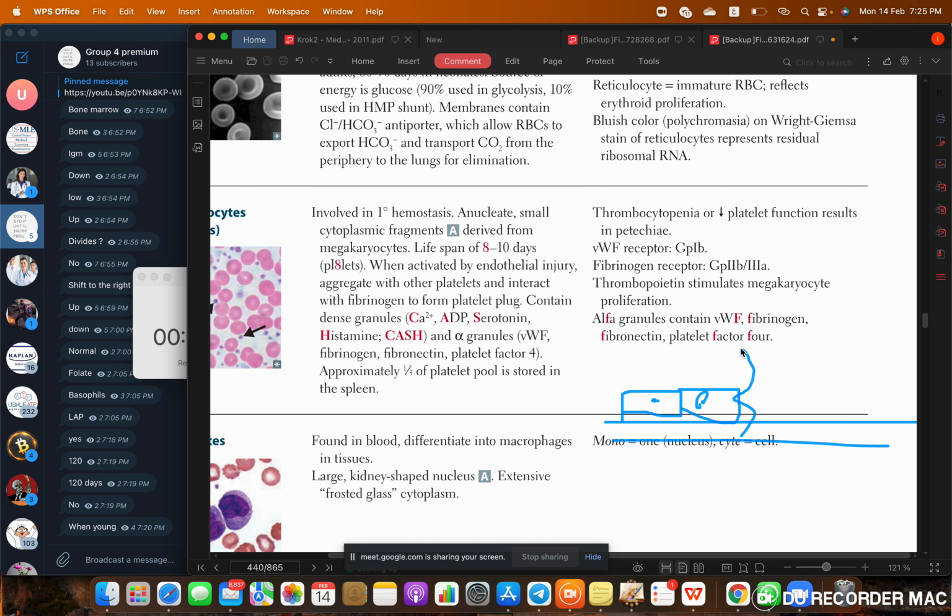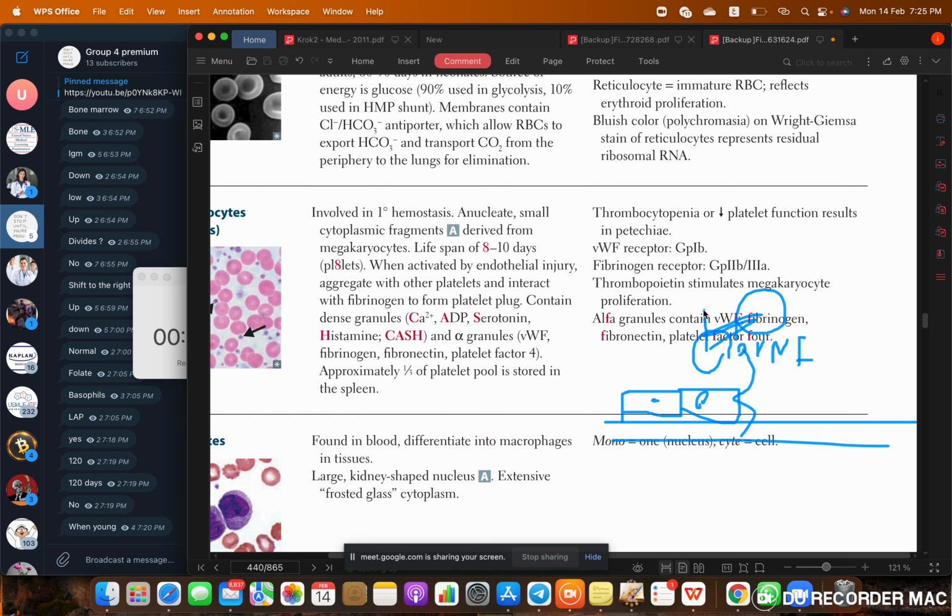The subendothelial collagen will be binding to something called the von Willebrand factor. The von Willebrand factor actually does come from the platelets and the endothelial cells themselves, but mainly from the platelets. After that, the von Willebrand factor is going to bind the platelets together. And when the platelets bind together, we call this process aggregation.